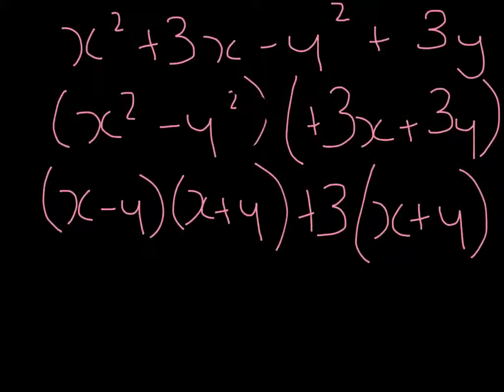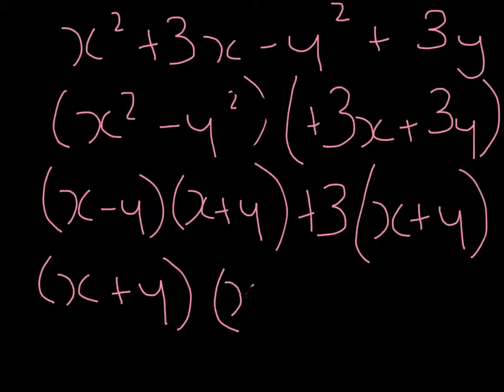So we can take out a common factor there of x plus y. That leaves us with x minus y in this part, and it leaves us with the plus 3 here. So that plus 3 goes in the brackets there. So the factors of x squared plus 3x minus y squared plus 3y are x plus y times x minus y plus 3. They're our factors.